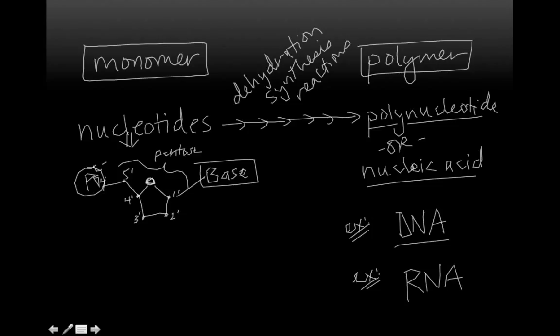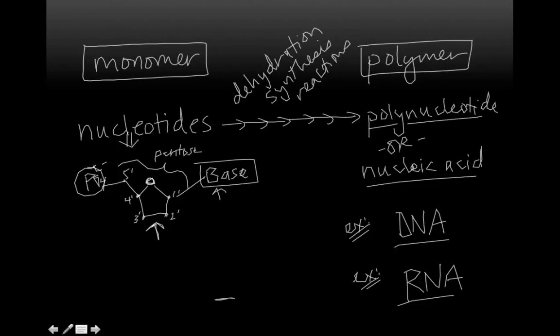So both DNA and RNA are made out of nucleotides, but the nucleotides can vary a little bit. In the case of DNA, the sugar is deoxyribose. However, in the case of RNA, this pentose sugar is ribose. They're almost the same. There is just a single oxygen difference, which I will show you in a moment. Another difference can be seen in the bases.